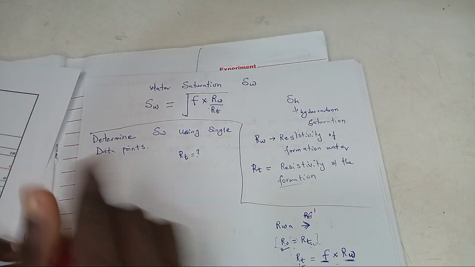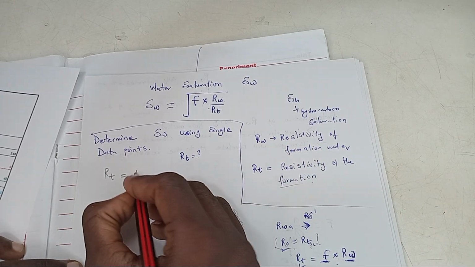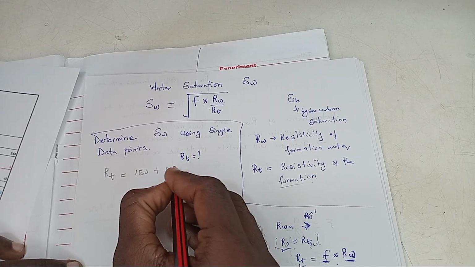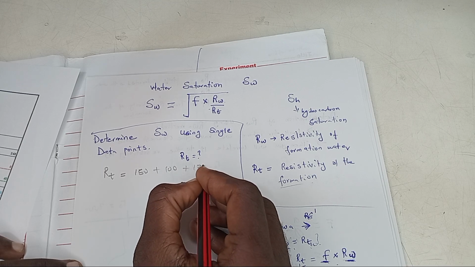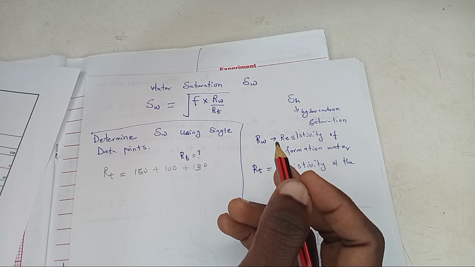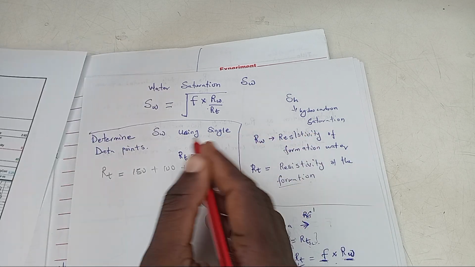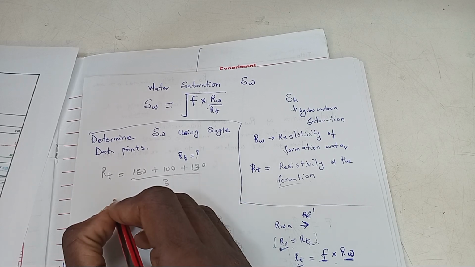So using single data points, from our data we have 150 plus 100 plus 120, or 130. This is 130, it's kind of close, very close to 150, so 130 should be okay. Divided by 3.